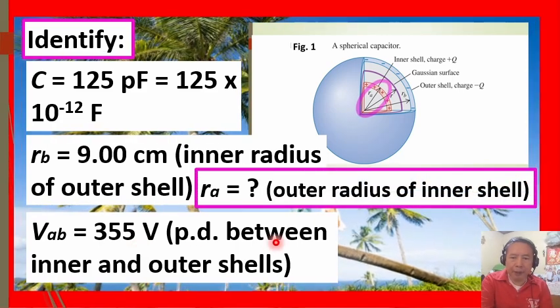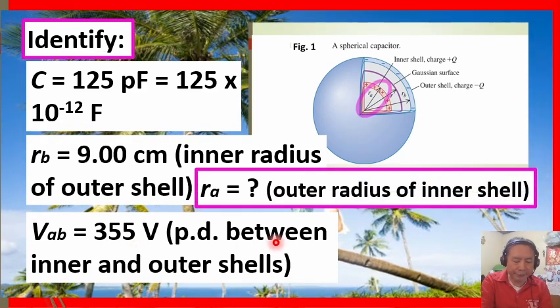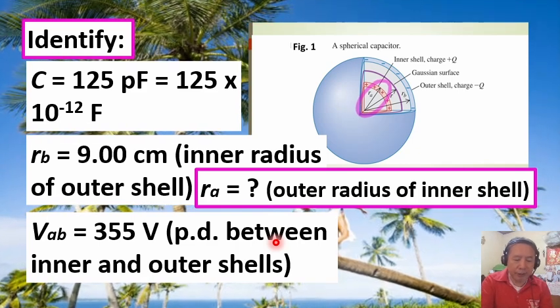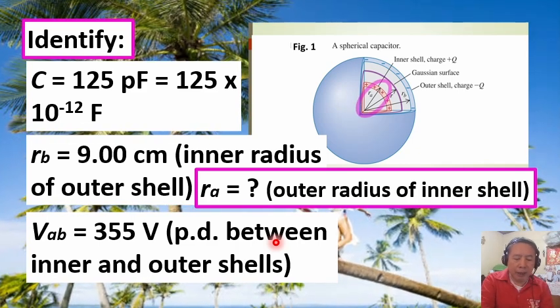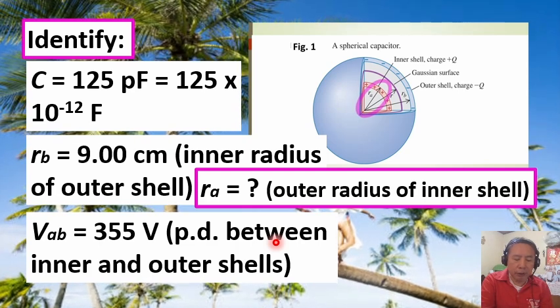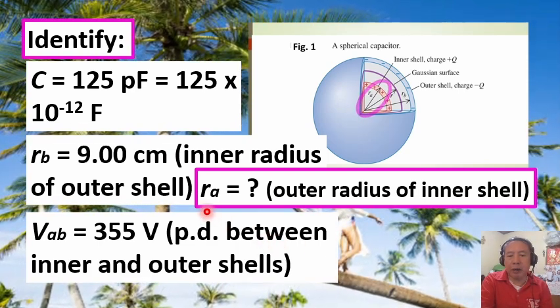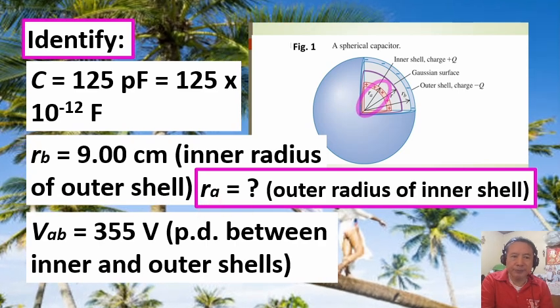And our target variable in part A is the outer radius of the positive inner shell, denoted by small r sub A.